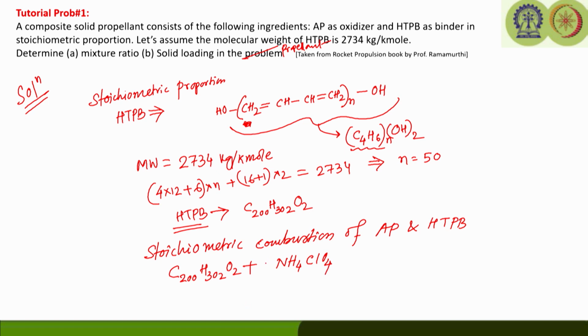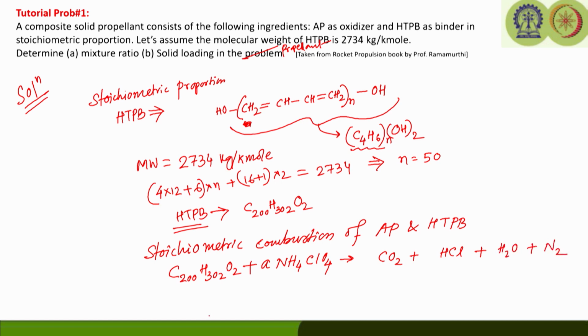We do not know how many molecules are going to react with HTPB for the complete combustion reaction. So, let us write that as A, and we can write CO2 plus HCl, since HCl is going to form, plus water plus nitrogen.